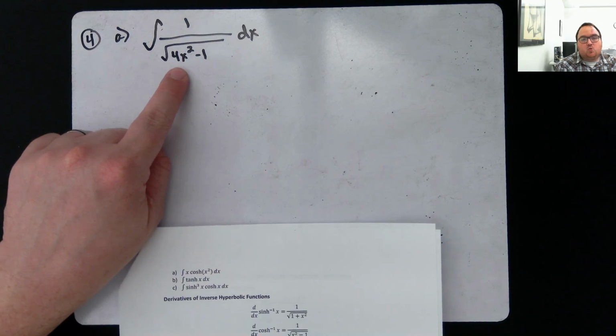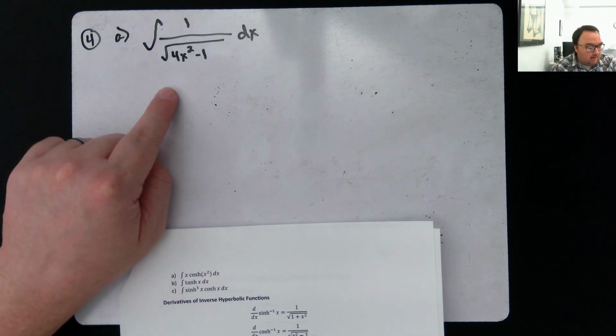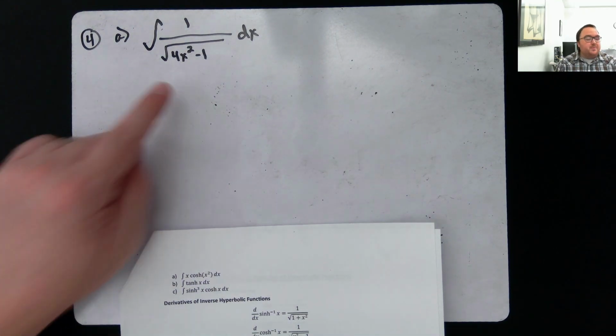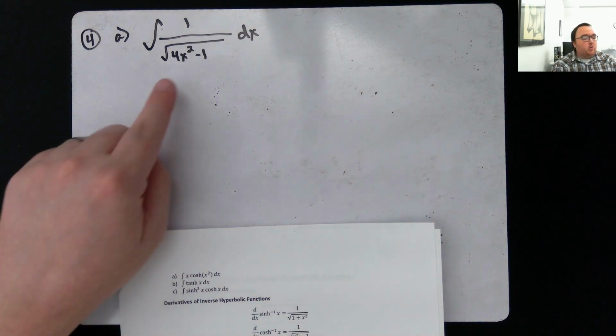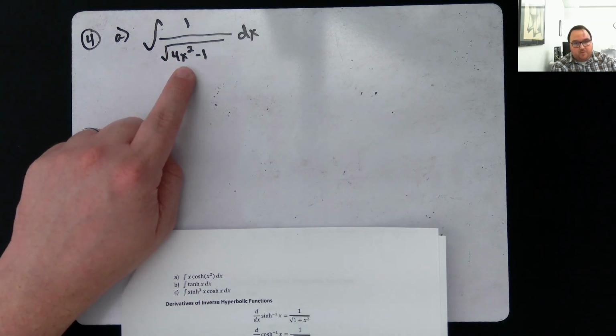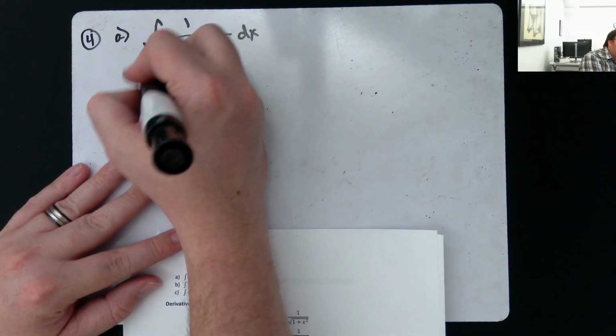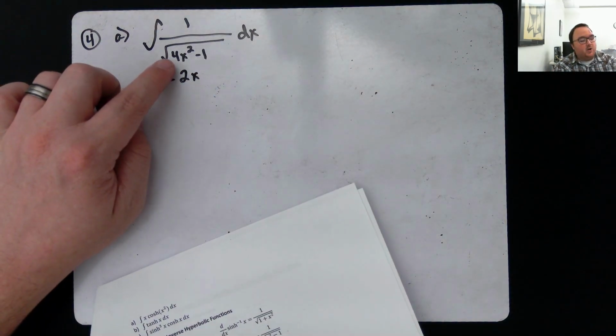So I'm going to look at this and say, okay, what is being squared here? Well, in order to get 4x squared, I can square 2x because 2 squared would give me the 4 and then x squared. So we're going to let u be equal to 2x. Again, because right here I just want something squared.